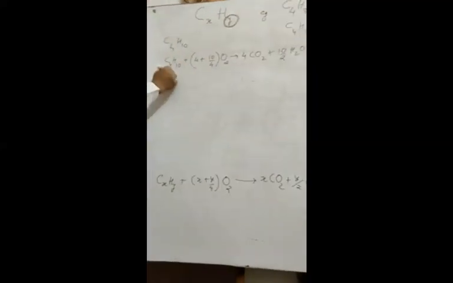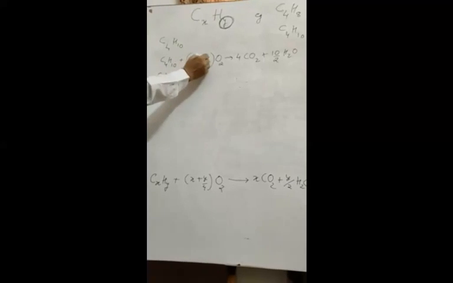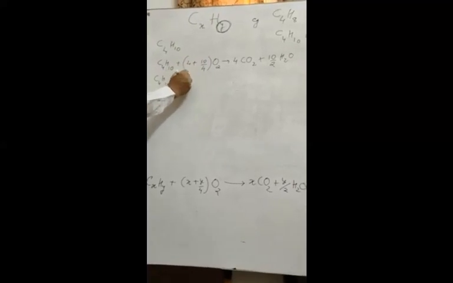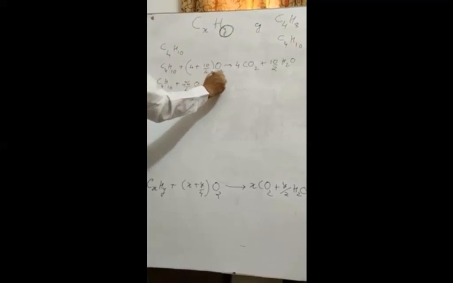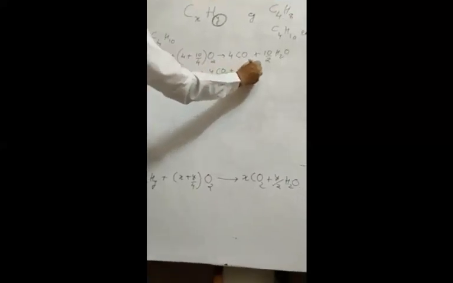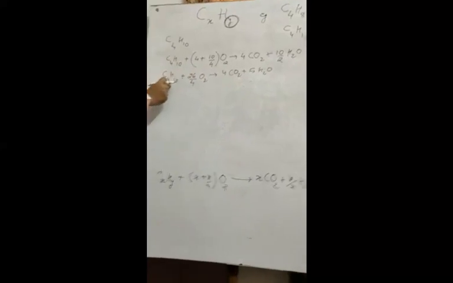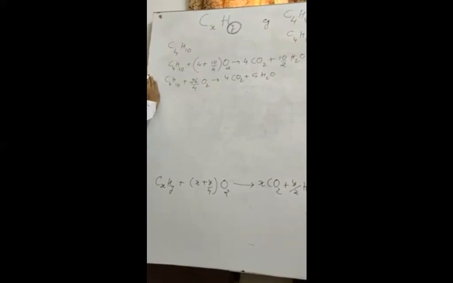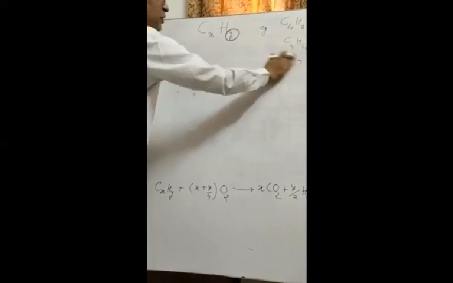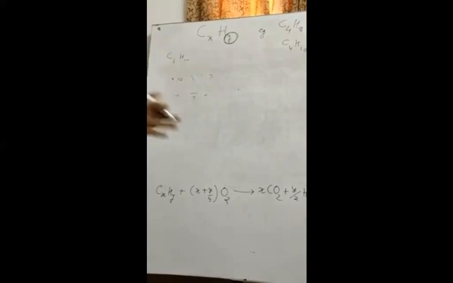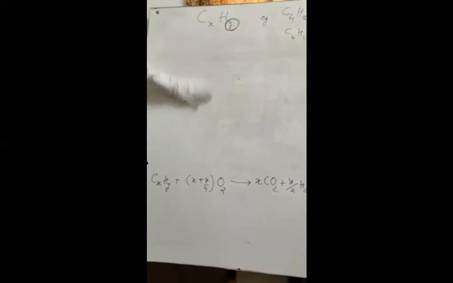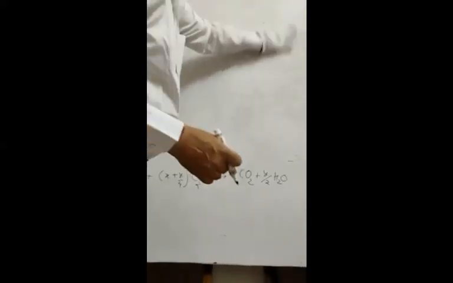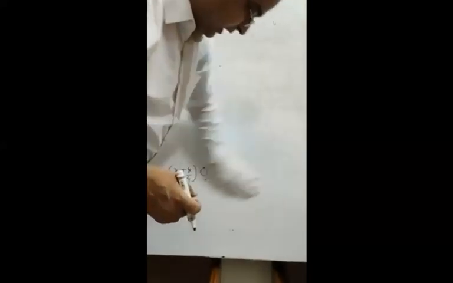So it will be written as C4H10 plus 26/4 O2 gives 4 CO2 plus 5 H2O. In this manner, the balanced equation can be obtained using this particular relation. So the amount of oxygen, the molecules of carbon dioxide, the molecules of water, etc. can be obtained by this simple stoichiometric relation.